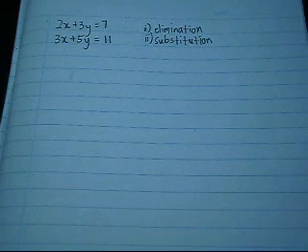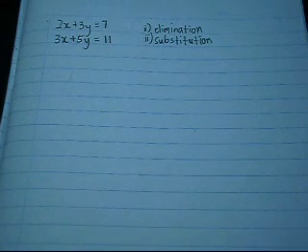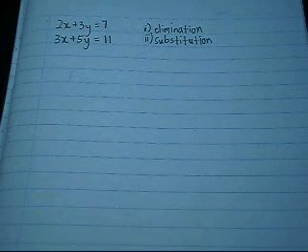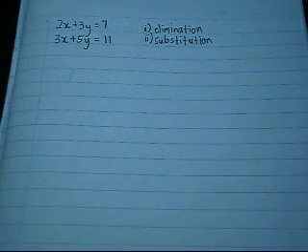Now let's take a look at these examples. For example, we do it by the elimination method. Let's solve these simultaneous equations and find the values of x and y.